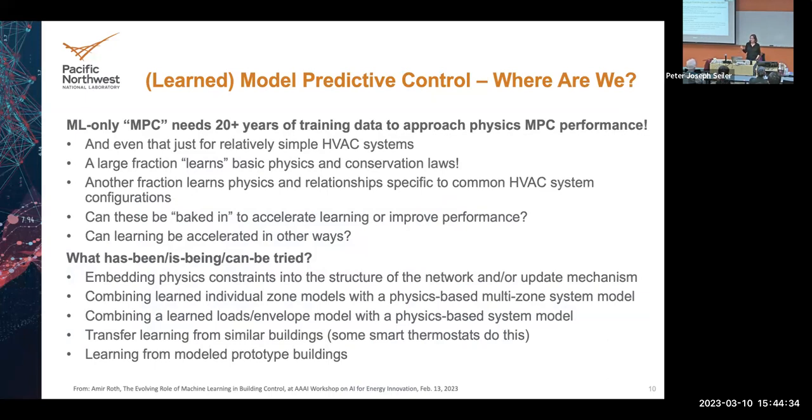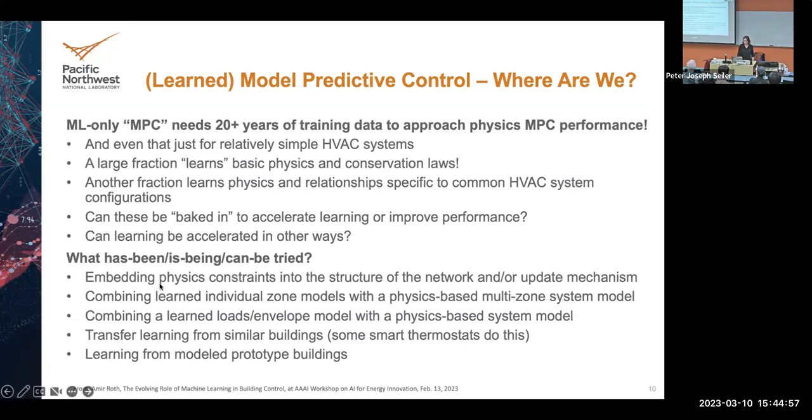So one important aspect we need to take care of is to leverage the data we have, but also leverage the knowledge we have about the system. So incorporating physics knowledge about the system with the data is important. And it's something we must do. Otherwise, we will never optimize buildings in the next 20 years.